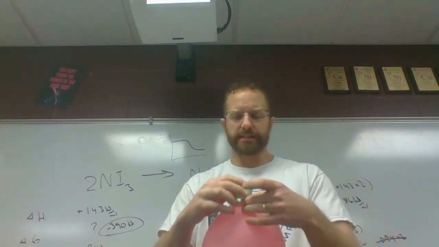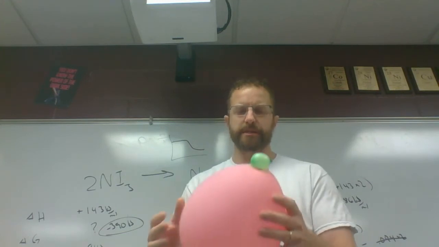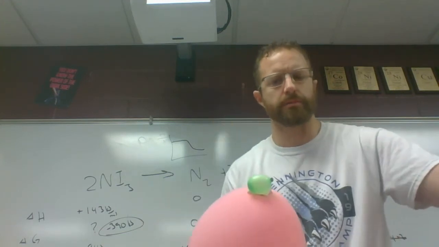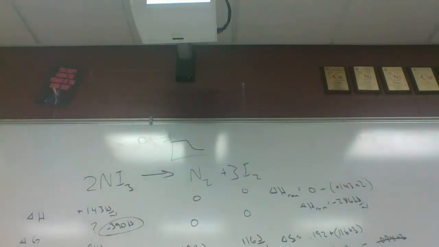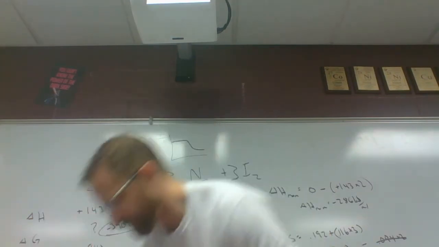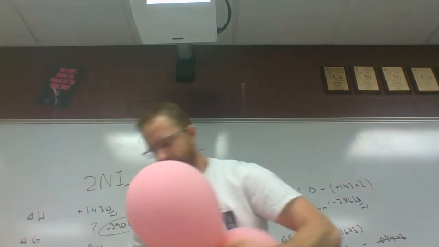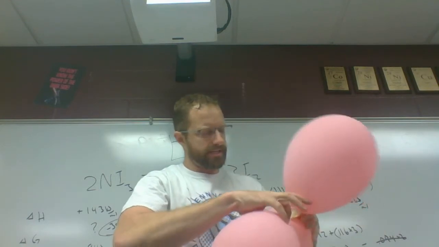So if I try and stick 3 iodines on here, I'm going to use these pink balloons that were some p orbitals and stuff earlier. And it's got that lone pair of electrons, so they're all forced onto the same side. Hey, come back here. Stop falling away from me. They're all forced onto the same side here.